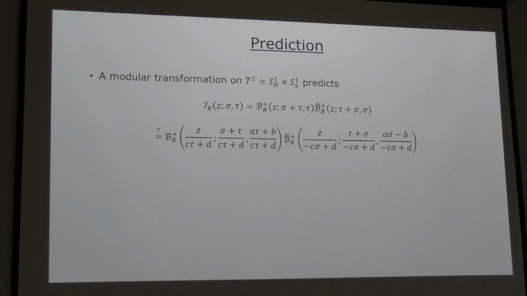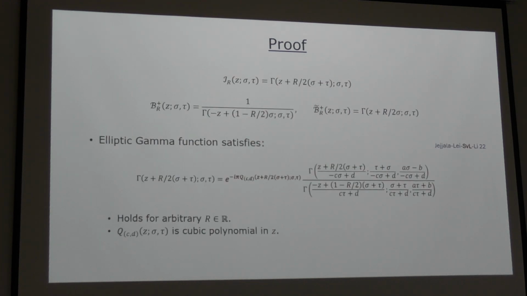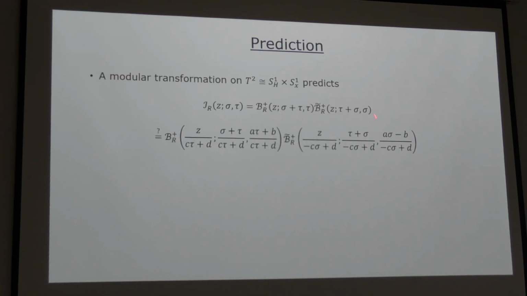And I can figure out how modular transformations that act on the torus act on these chemical potentials that I've inserted here. Turns out they act as such. So this is the prediction from the picture that I've been proposing. This is the modular property. And this property can be proved in the context of the free field. The elliptic gamma function precisely satisfies a property that allows you to prove a statement like this.